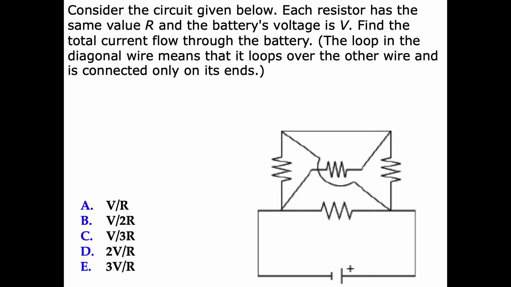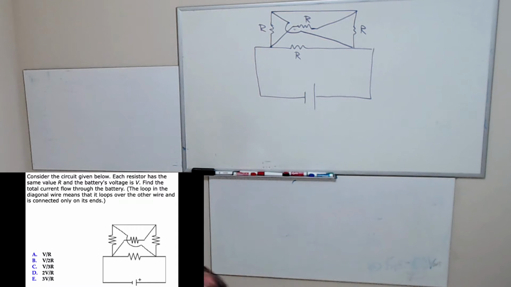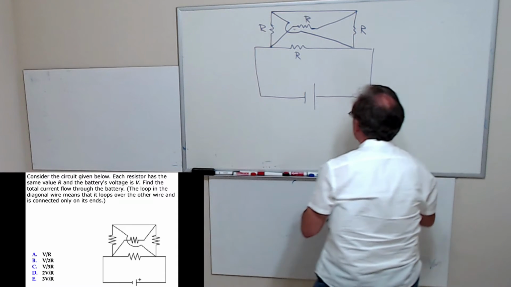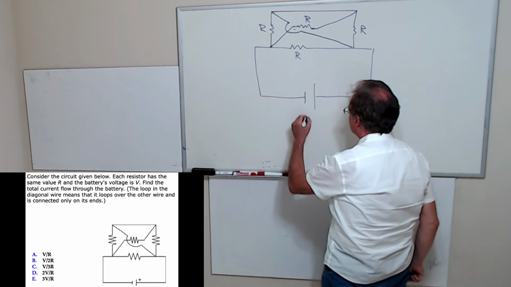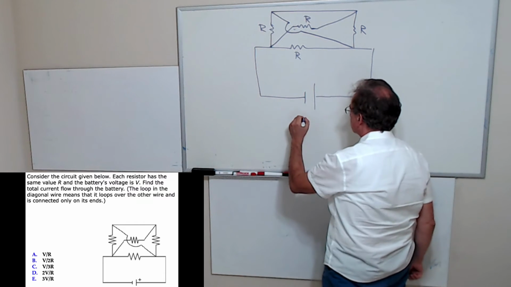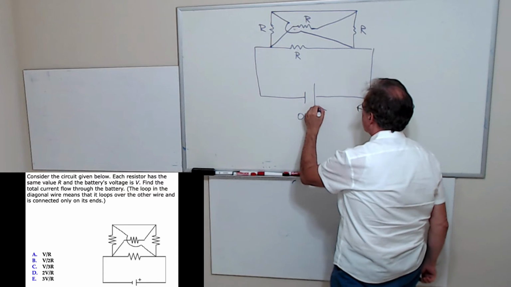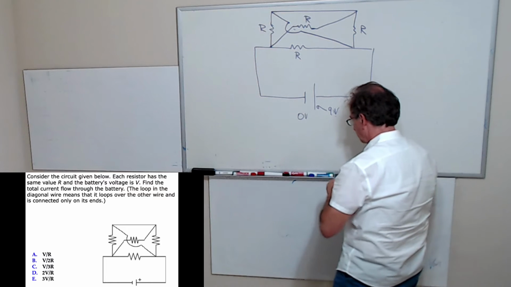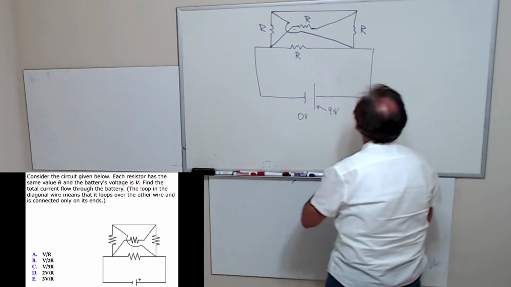There are different ways of looking at it, and I just have a preference. If you want to put numbers in, you can. Let's say this is 9 volts, this is 0 volts, and this one is 9 volts. What I'm going to do is mark points in the circuit.